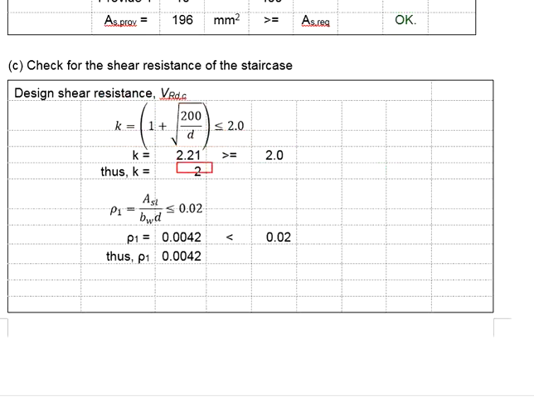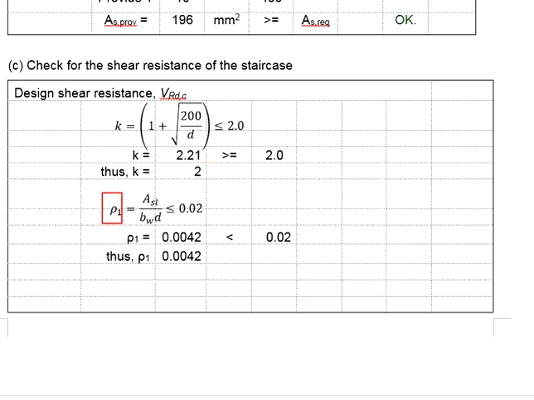Therefore, we use k equals 2. When the k that you have obtained is less than 2.0, then you use that k value. Otherwise, which in this case, when it is more than 2, you use 2.0.